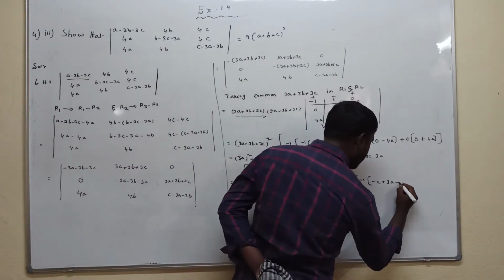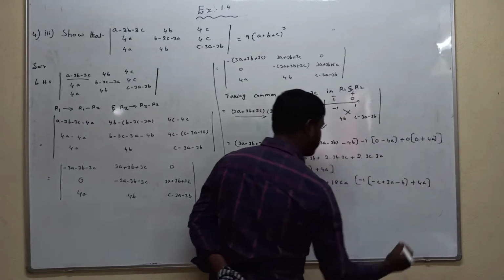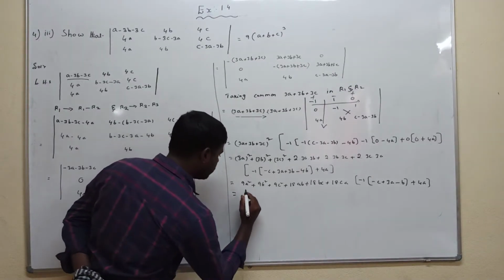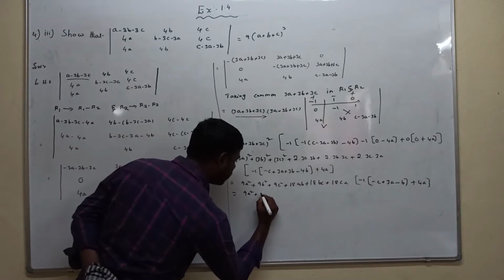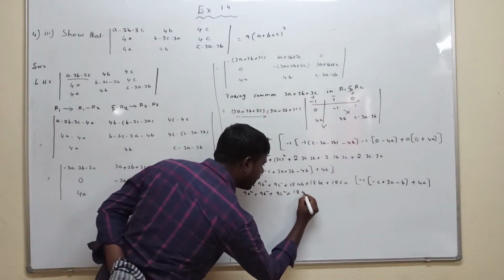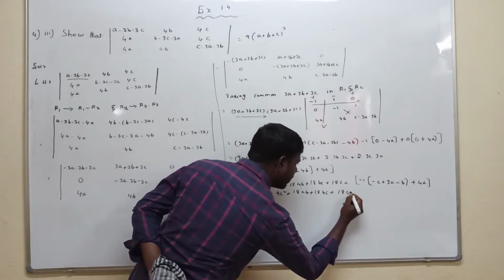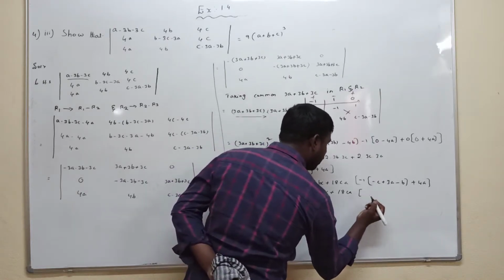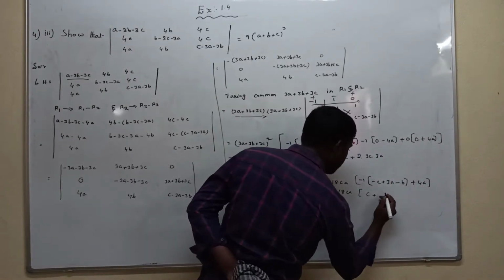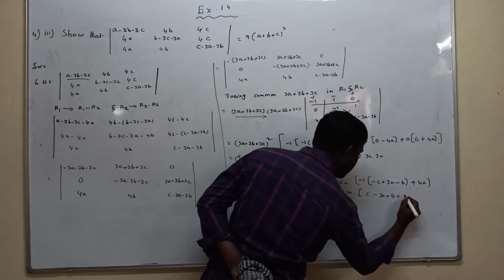That value is minus b plus 4a. After simplification, 9a square plus 9b square plus 9c square plus 18ab plus 18bc plus 18ca into here multiply with negative. So minus 1 into minus that is plus, c minus 3a plus b plus 4a.